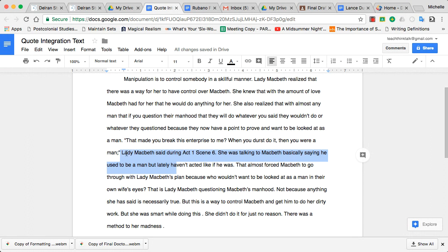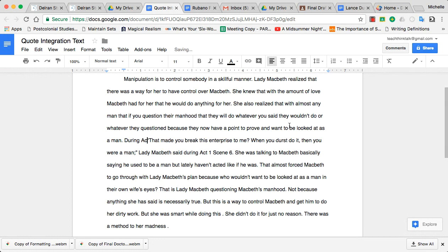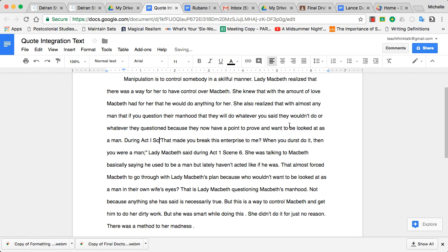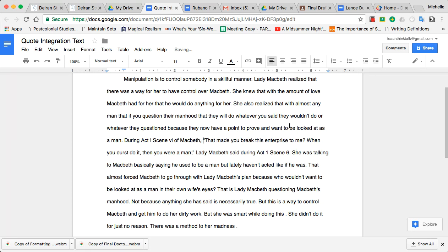So we're going to move it to the beginning of the sentence, and we can either retype it or copy and paste it. I'm going to retype it to make it sound just a little bit more skillful, okay? So we're going to say that during Act 1, Scene 6, and we're going to change to Roman numerals, of Macbeth, okay?